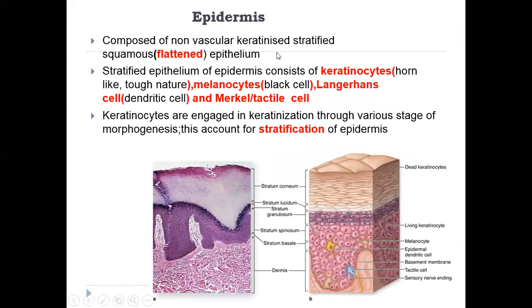Epidermis, as I said before, is an epithelium which is non-vascular keratinized stratified squamous epithelium. So this is the epithelium, which consists of different layers.